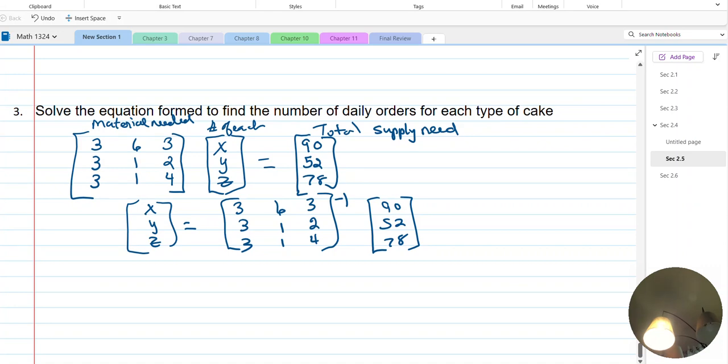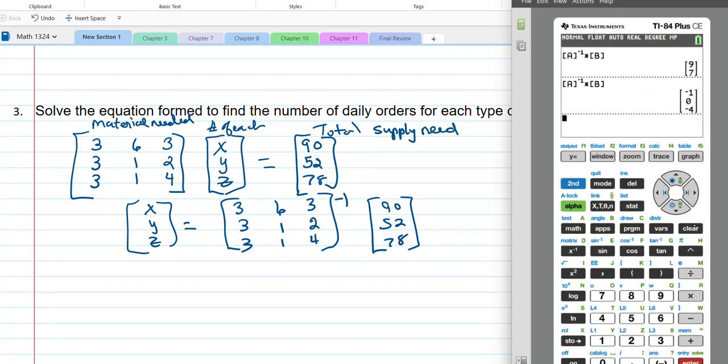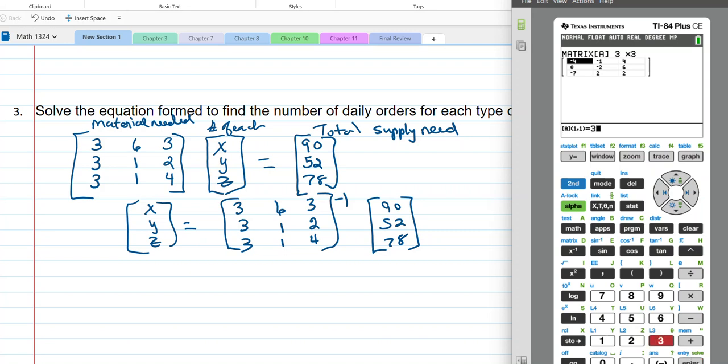So let's put it in our calculator. I'm going to clear everything. I'm going to go second matrix, edit, and we need to have a square matrix. It's a 3 by 3. I'm going to enter 3, 6, 3, 1, 2, 1, 4, and I'm going to double check, as you know me. 3, 3, 3, 6, 1, 1, 3, 2, 4.